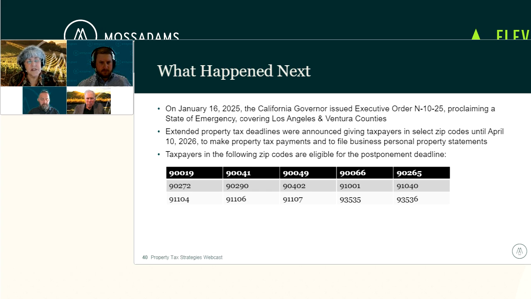What this did was extend the property tax deadlines, giving taxpayers in certain zip codes until April 10th of 2026, next year, to make property tax payments and or file their annual business personal property statements. And you see on the screen, those are the zip codes that were covered in the executive order by the governor.